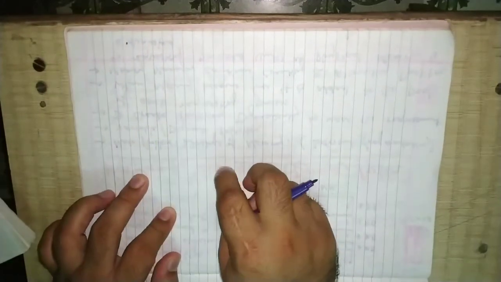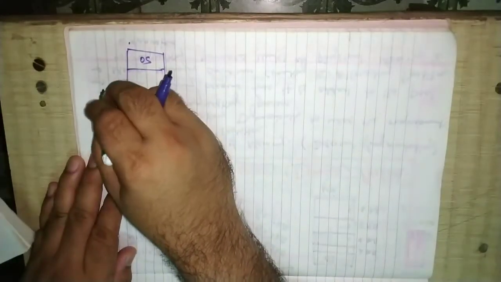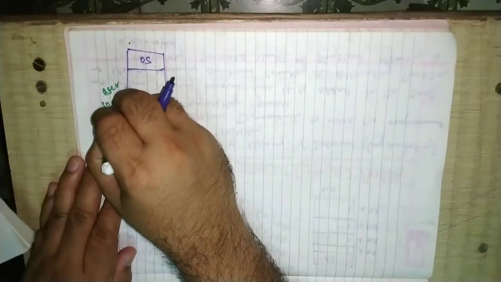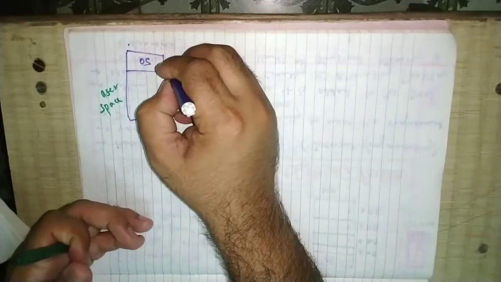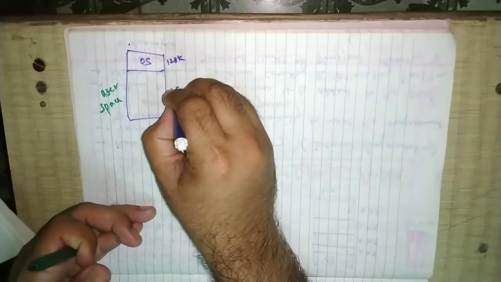So this is the main memory. We have the operating system over here, and this is the user space. Suppose we have allocated 128k to the operating system, and the remaining 896k is free right now.